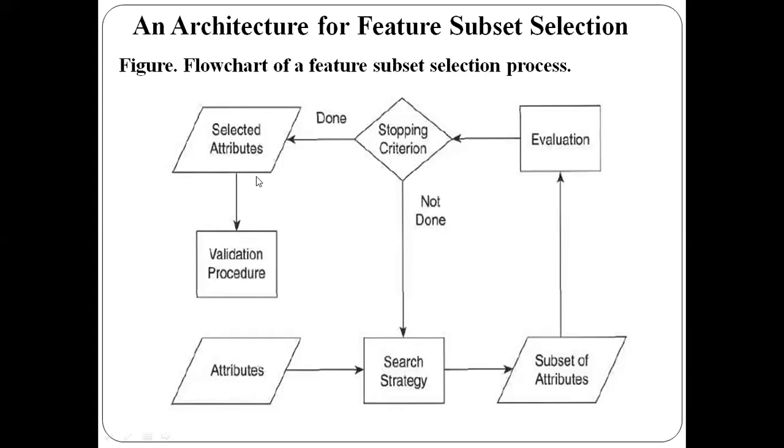So one of the validation or evaluation procedures is that we can run the algorithm with the complete set of features. For example, if you have 100 features, all those 100 features will be given as input to the target data mining algorithm, and then you run that algorithm and get the results.